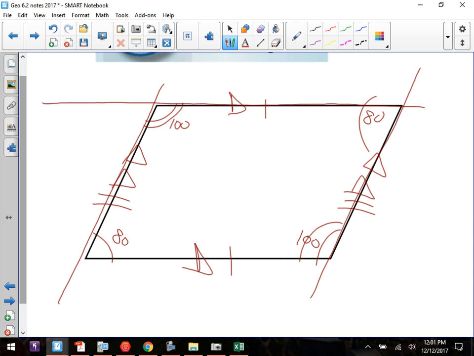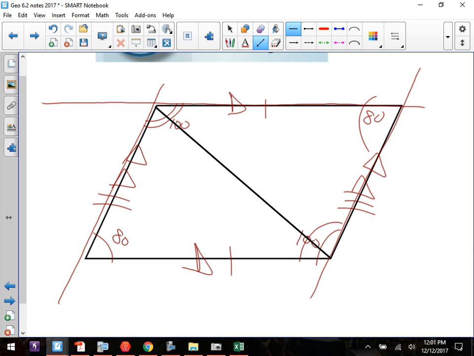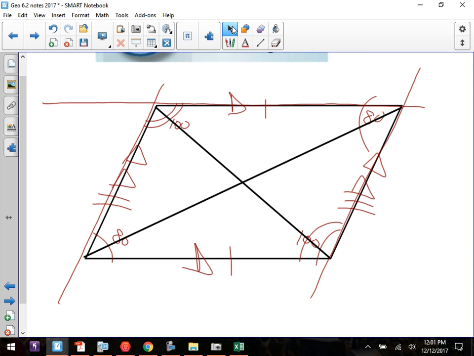And the last one might be new to you. The last one deals with what are called diagonals. The diagonals inside parallelograms go vertex to vertex. You guys have all heard that before, right? The diagonals go from vertex to vertex. They create the diagonal within the parallelogram.